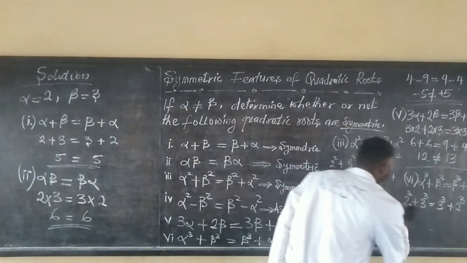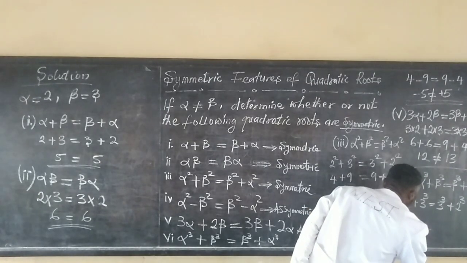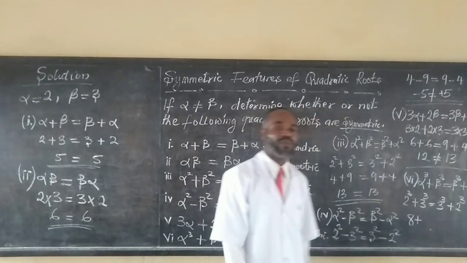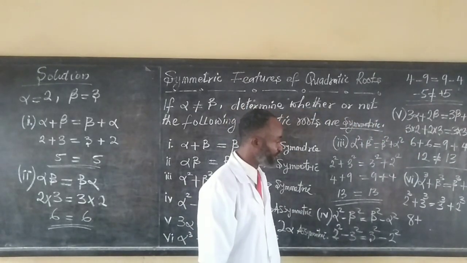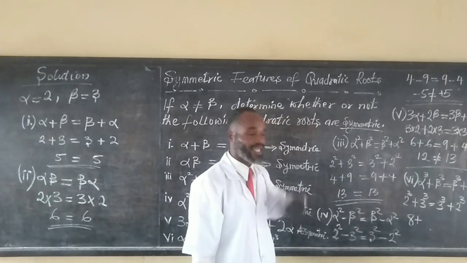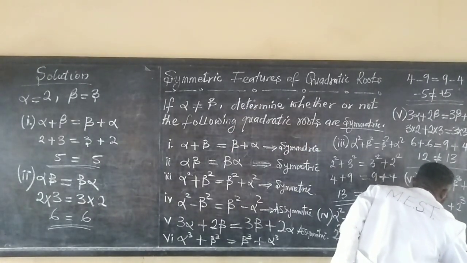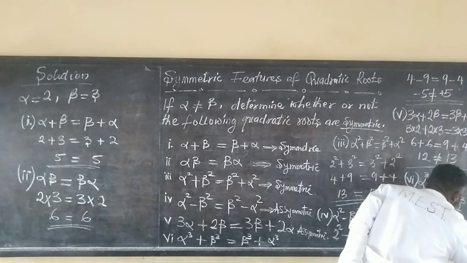So 2 raised to power 3 is 8. And 3 raised to power 3 is 27, because 3 raised to power 2 is 9 and then 27. The same thing, 27 at this point, and 8 at this point.